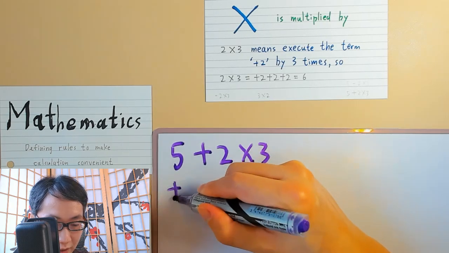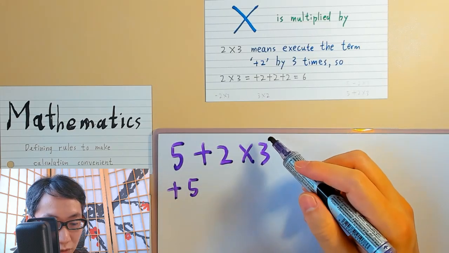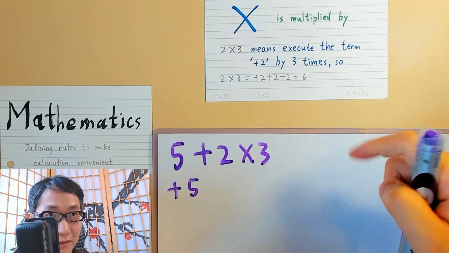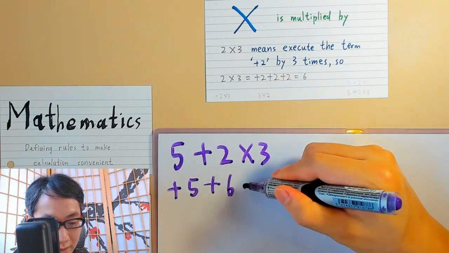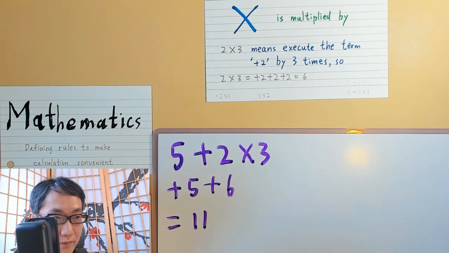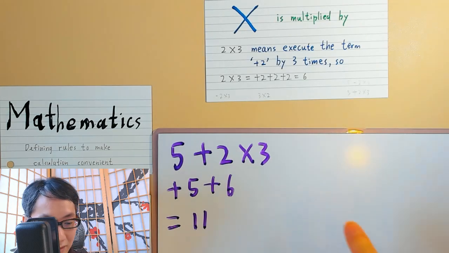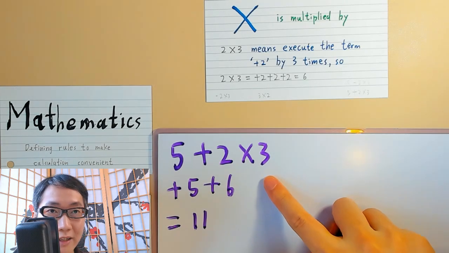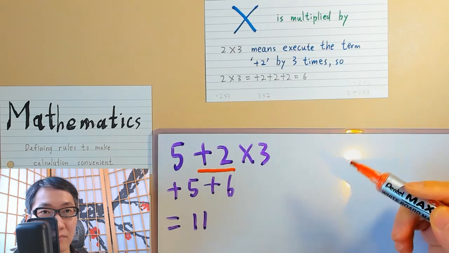So positive 5. And we already know that doing positive 2 for 3 times is positive 6 from here. So positive 6. And we have positive 11. So this multiplied by 3 is targeting this particular positive 2 term.